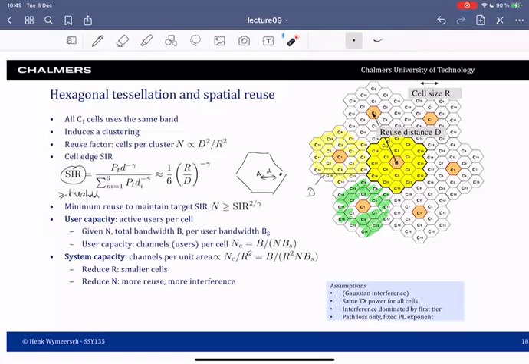There are also 2 other performance metrics that we will consider. One is the user capacity, that's the number of active users per cell, and how we can compute that. So we see that within each of these clusters, we have to divide up all of the bandwidth. We have a total bandwidth, let's say B, that we have available. We have a per user bandwidth of B_s, and a total number of cells for each cluster.